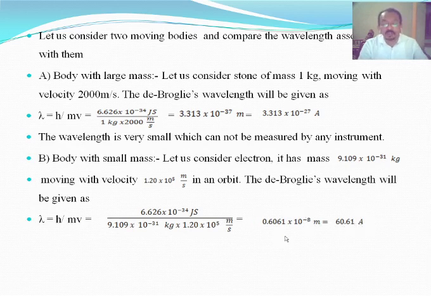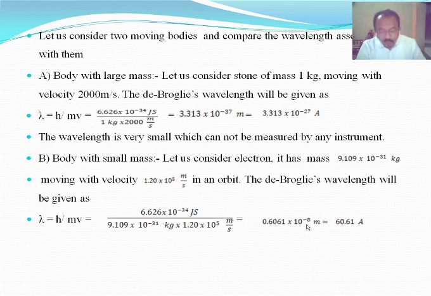If you compare this wavelength with the mass, the mass is in the range of 10 to the power minus 31 and the wavelength is in the range of 10 to the power minus 8. It is much larger as compared to its mass, and a value in this range can be measured by an instrument.